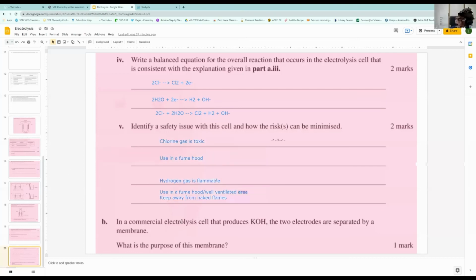In a commercial electrolysis cell that produces potassium hydroxide, the 2 electrodes are separated by a membrane. What is the purpose of this membrane? It would be to stop the migration of the products together to react, basically.